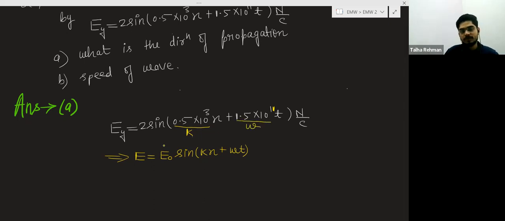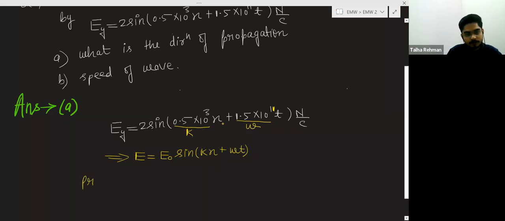Remember this point. Now the first answer is the wave is propagating towards negative x.